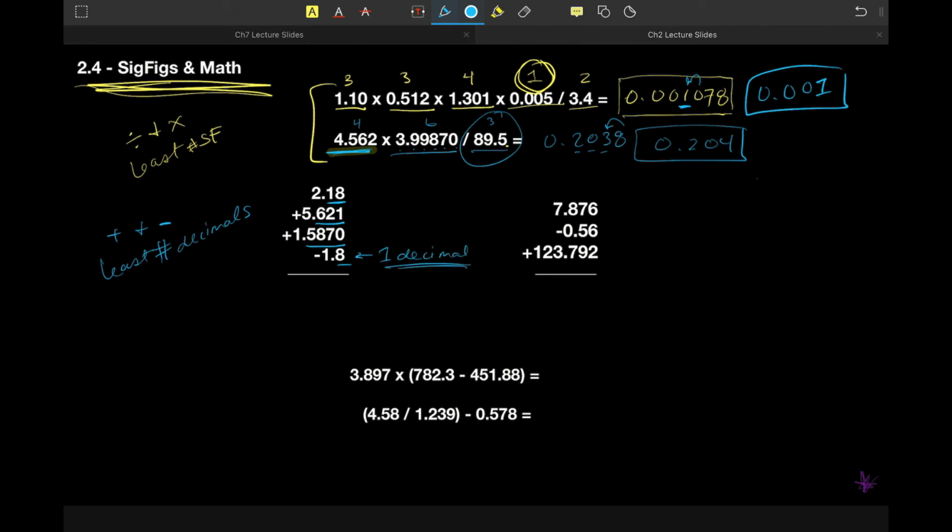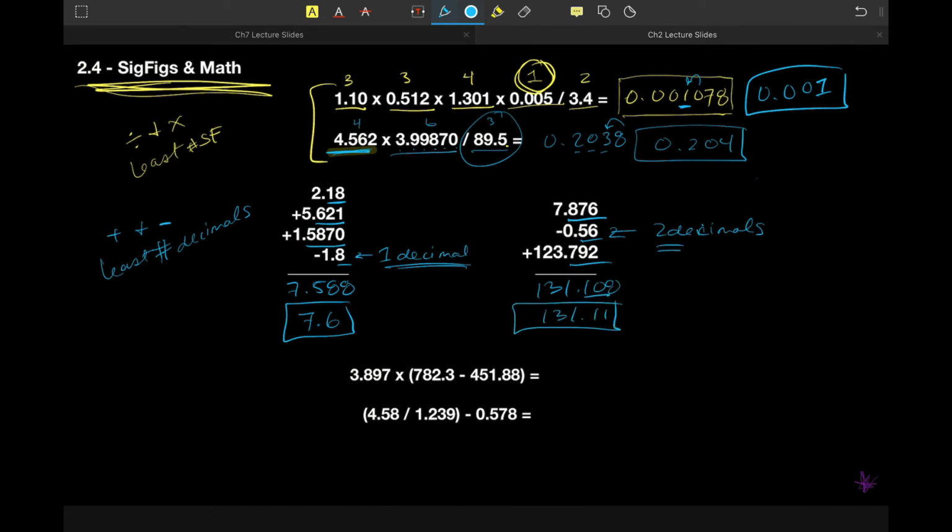Which means that my final answer, I'm going to round it to 1 decimal place, so 7.6. Likewise here, 3 decimals, 2 decimals, 3 decimals, so I'm limited to 2 decimals. So 131.11, because that 8 rounds that up.